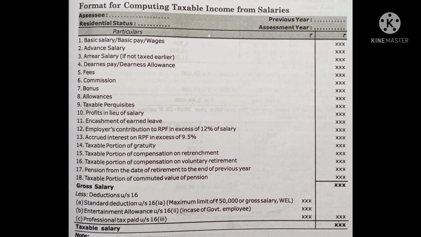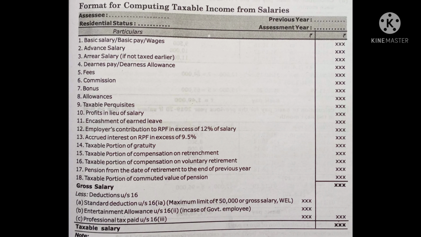Now, we are coming to the main format, that is the format for computing taxable income from salaries. See, this is a very important format. All these 18 points which are mentioned here, you will be doing the calculation for each point separately. In this, 2 or 3 points can be asked for 6 marks, which has a separate calculation for every topic.